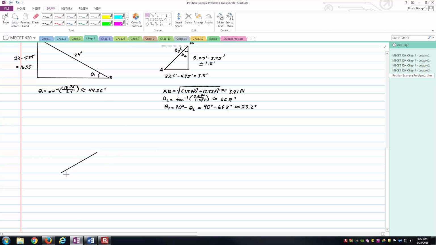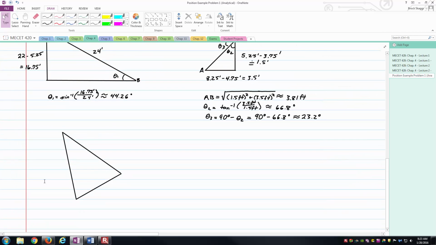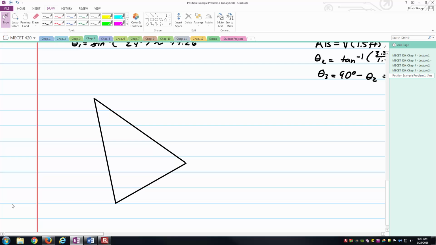And so I'll just come down here. These angles, of course, aren't going to be exact, but we will fill in the variables to represent the values. Okay. And some labels for us, A, B, and C, just to make sure we are able to track it here.